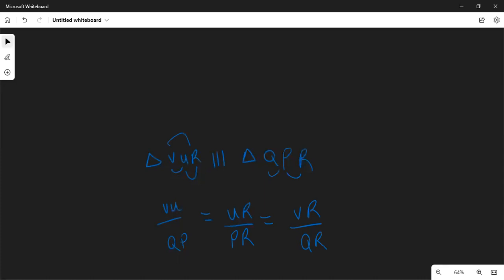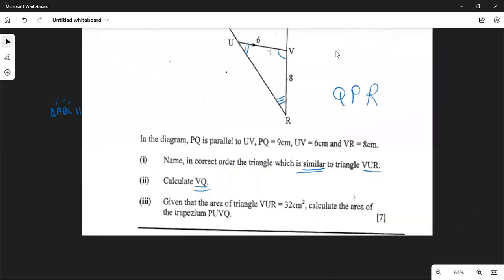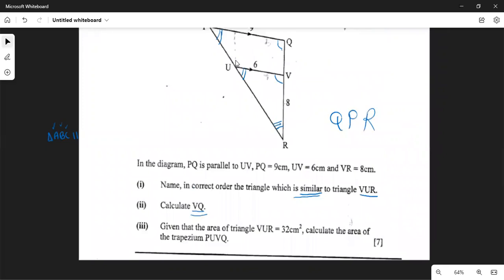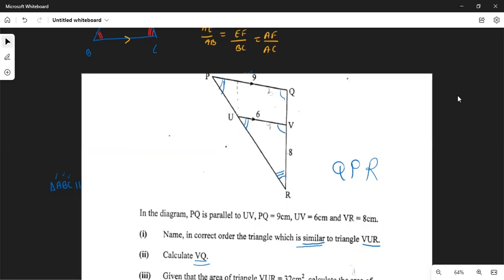All right. Now let's take the information that we have here and fill it in on the diagram. Sorry, we are given PQ, which is 9, UV, which is 6. So to fill in my information, and also we are given what? VR. So I'm going to fill everything. All right, so I've got PQ and UV.